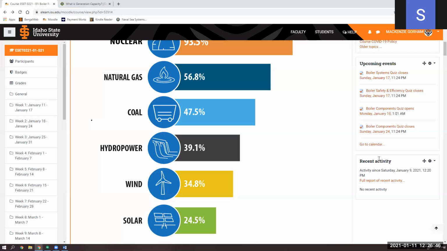Wind and solar can have really great applications in our energy grid, because when you're getting wind to blow and when the sun is shining, we're picking up extra energy without having to do a whole lot.